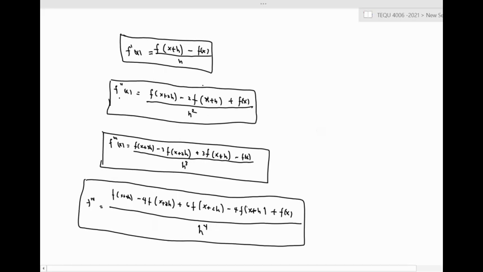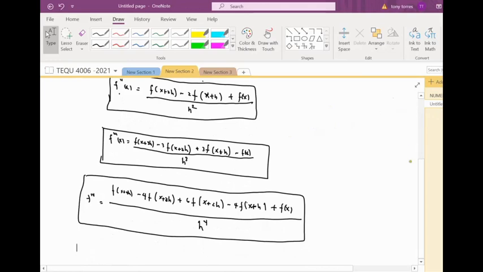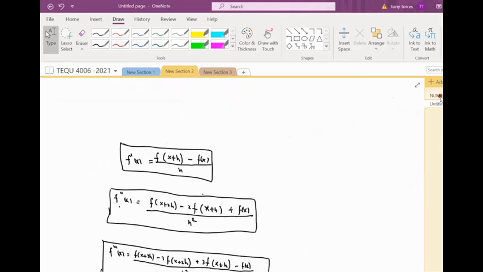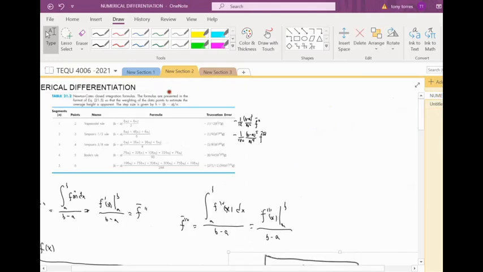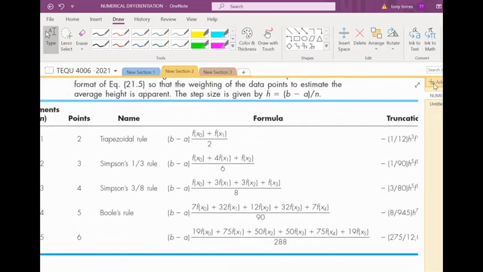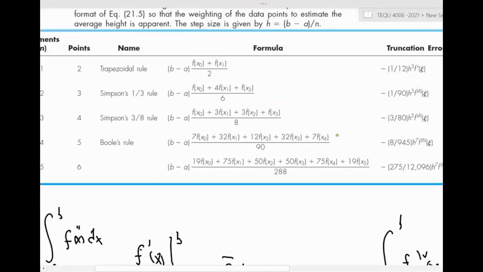Why you might want to keep going? Well, let's go back for one second. I mentioned a few things here and there, but I didn't mention something that has to do with this. Let's pop this big. I got up to Simpson's 3/8 rule. That's the fourth derivative, which basically needs the third derivative. But how about this one? Boole's rule requires the sixth derivative.